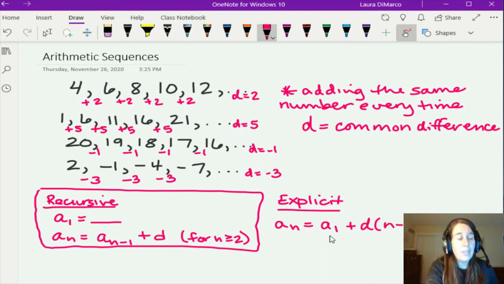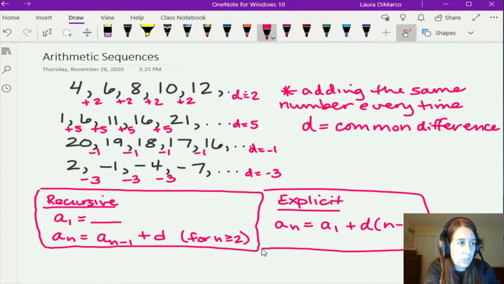Okay, now obviously we still need to know that first term because that otherwise is not really defined by the rest of the sequence. But then we have plus the common difference times the n minus 1. And so you don't need the previous term to use that formula. All you need is the first term and what the common difference is. Okay, so for example, we're going to just do one example here, and then I'll make another video with another example.